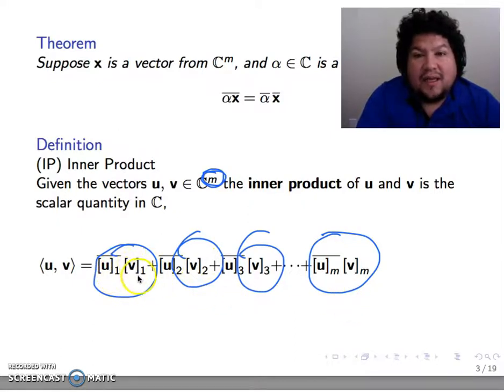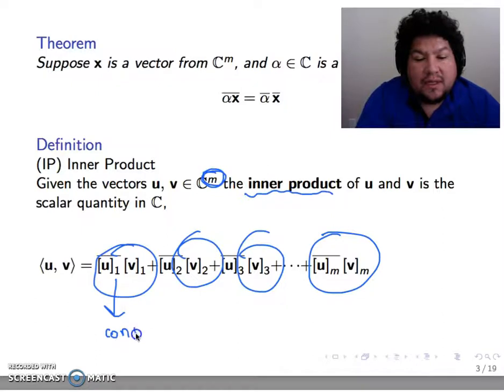So we're multiplying element by element, location by location, both elements in entry 1, both elements in location 2, and all the way through both elements in location m. But you need to be very peculiar here. So we're multiplying. So this involves the conjugate, right?